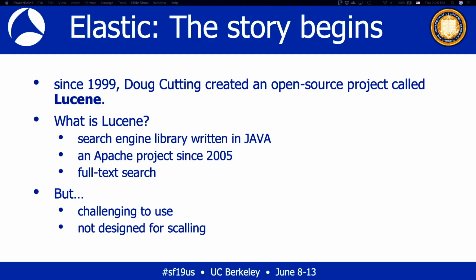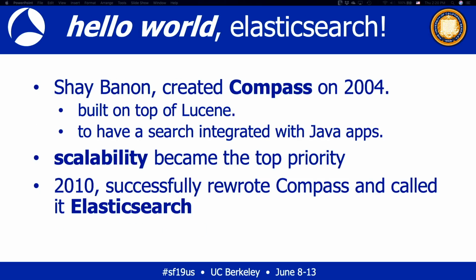But the challenge with using Lucene is that it is not designed for scale. So Shay Banon, who created the Compass project back in 2004, built Compass on top of Lucene and solved the problem of scalability.